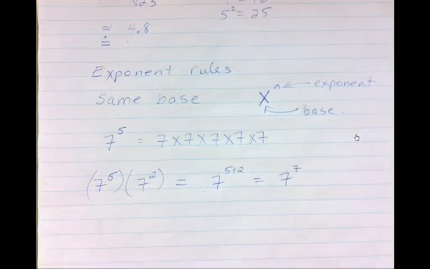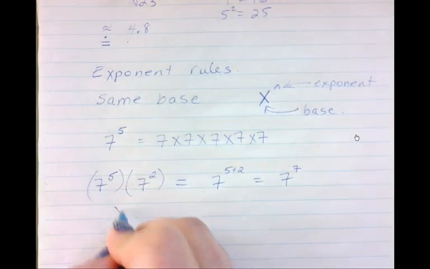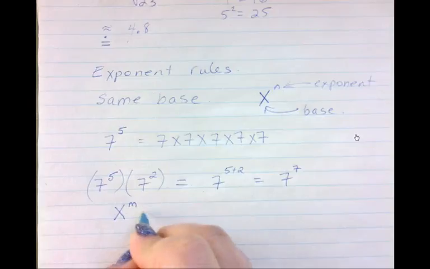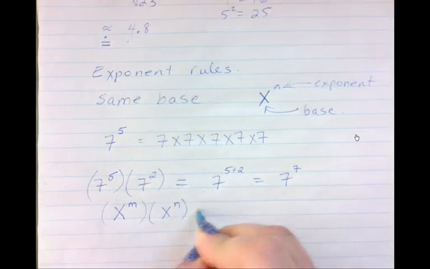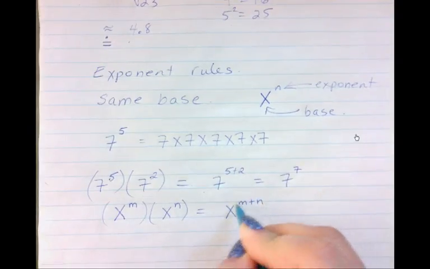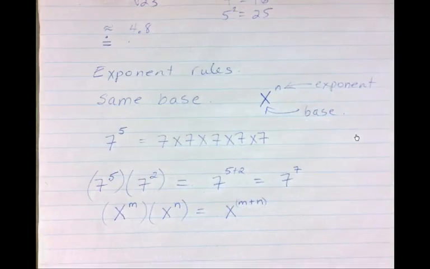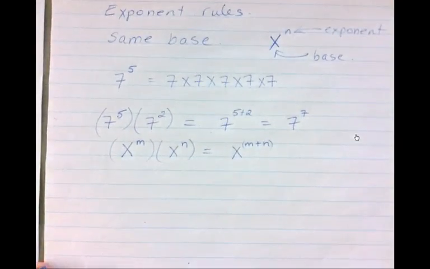So that's 7 multiplying itself 7 times. So what's the general rule for this? So if I have x to the power of m times x to the power of n, then this means that it's x to the power of m plus n. And this is all in the exponent, the m plus n. You have to make sure that the bases are the same, or else you can't use these rules at all.